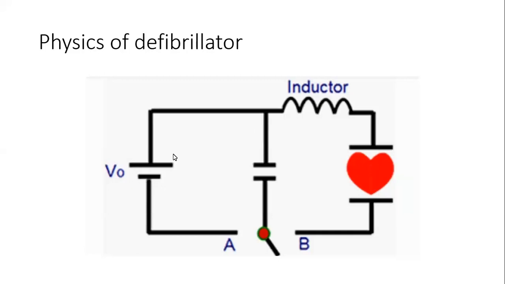You put energy into your circuit through your power supply, you store your energy, that is, you charge your capacitor, and then the energy is converted and discharged through your paddles into your heart.